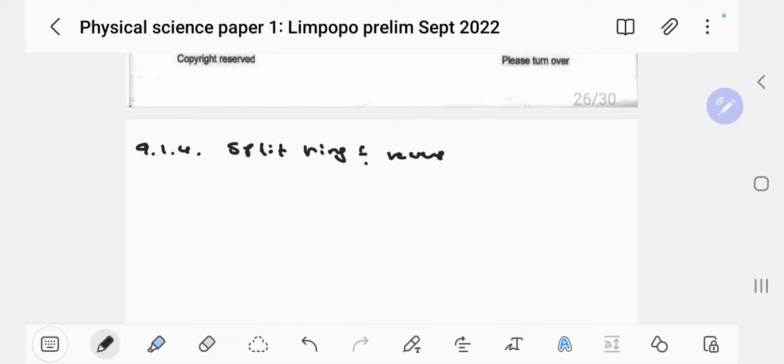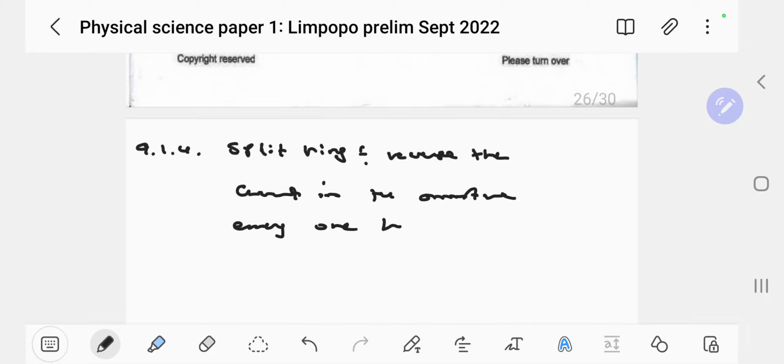It is to reverse the current in the armature every half cycle.